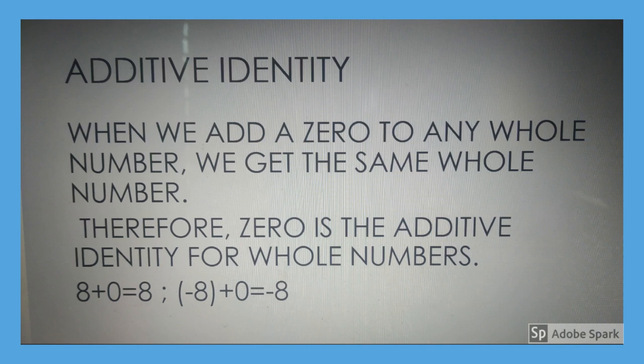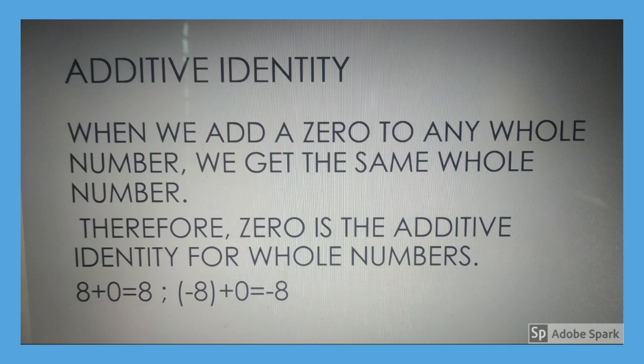I'm pretty sure you've learned what additive identity is in 6th grade, but let's learn more about it in 7th. Additive identity states that whenever you add a 0 to any whole number or an integer, you should get the same whole number or integer. So that is what additive identity means. Therefore, 0 is the additive identity for whole numbers.